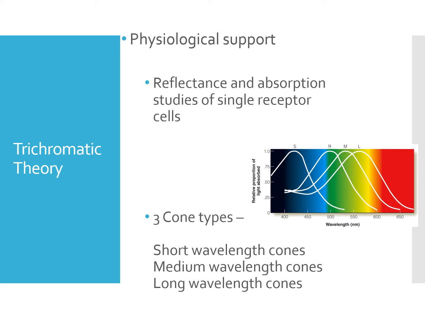Short wavelength cones that responded maximally at 419 nanometers, medium wavelength cones that absorbed maximally at 531 nanometers, and long wavelength cones that absorbed maximally at 558 nanometers. So three cone types, three color mechanisms.